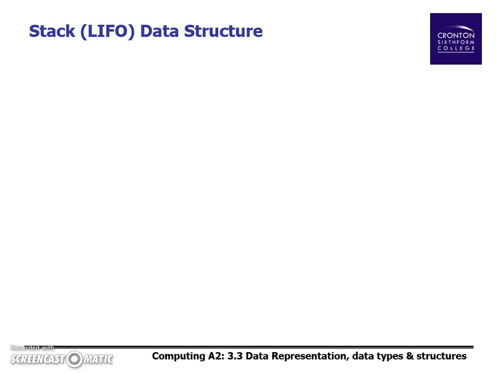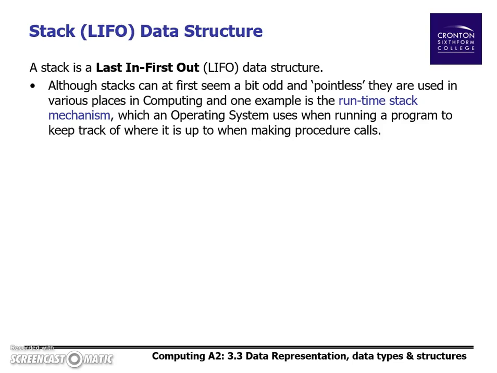So we've got stacks, the LIFO data structure. A stack is a last in, first out data structure. Although stacks can at first seem a bit odd and pointless, they are used in various places in computing.